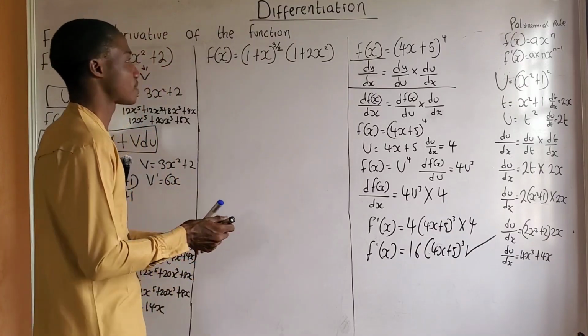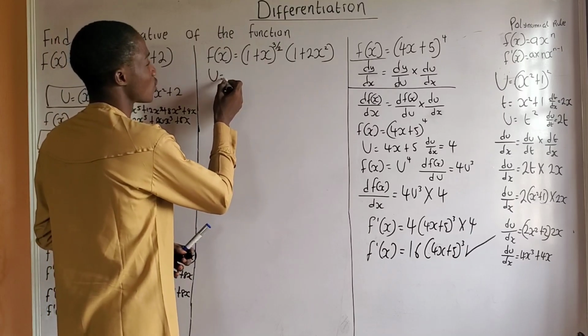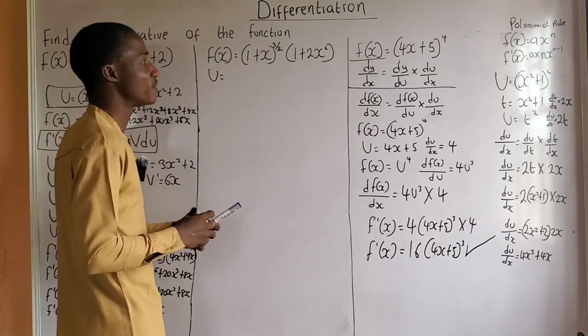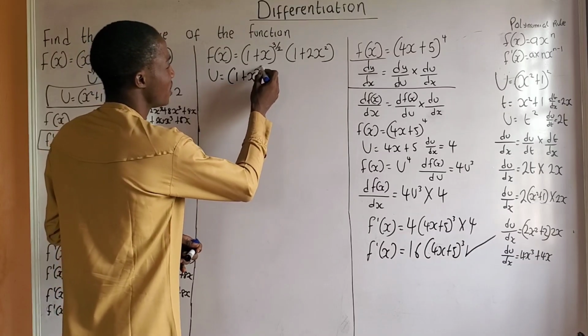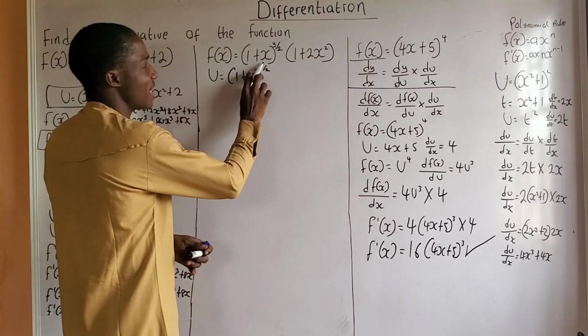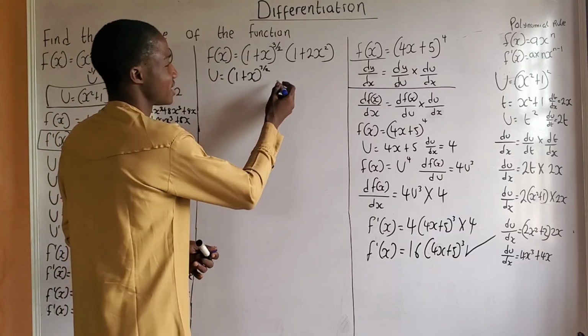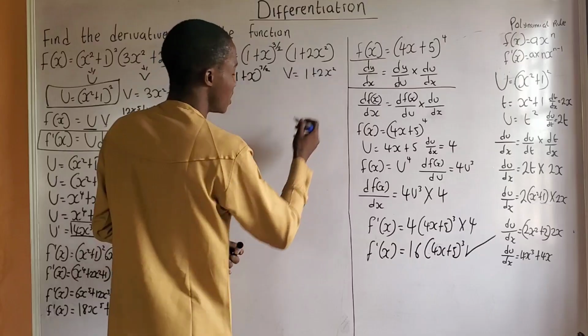Okay. Now, the first step is that let u equal the first part. This first part of this function is what? 1 plus x raised to the power of 3 over 2. And the second part of the function, v, is 1 plus 2x squared. Okay.